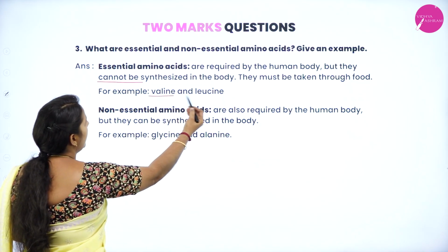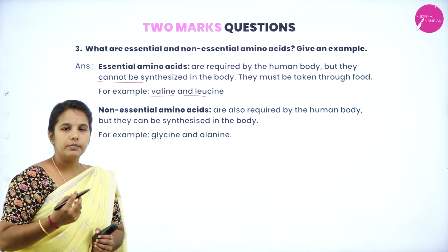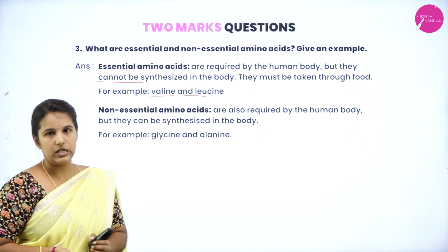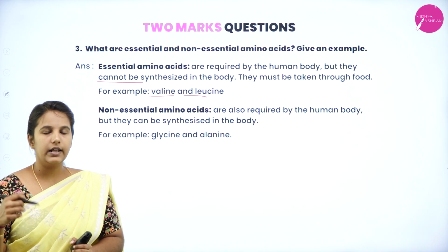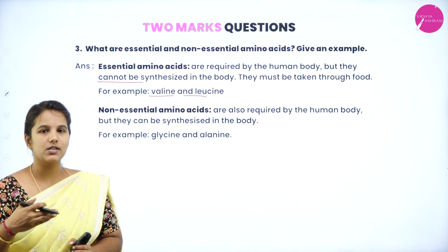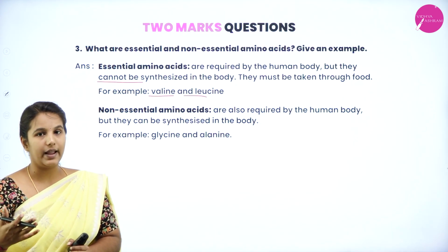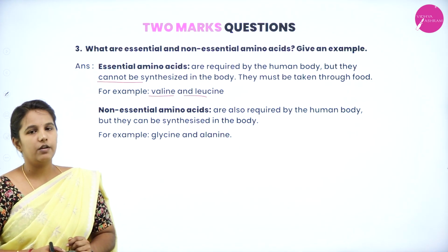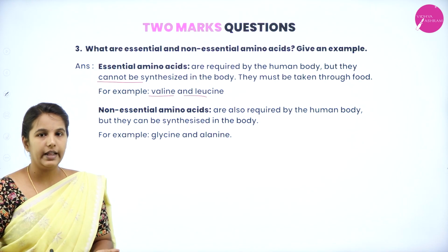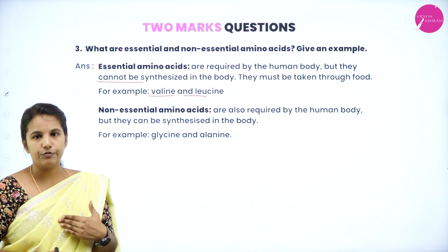Example, valine and leucine. A good analogy is vitamin C. We take vitamin C through the diet because it is not synthesized in our body. Like that, the amino acids which are not synthesized in our body are taken through the diet, and they are very much essential for our body.